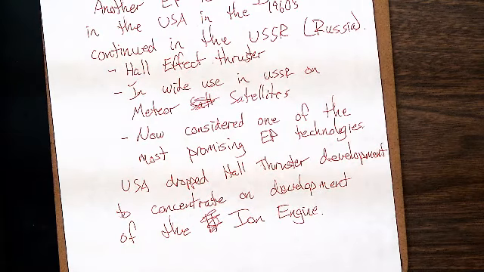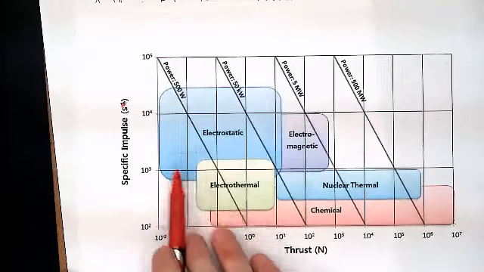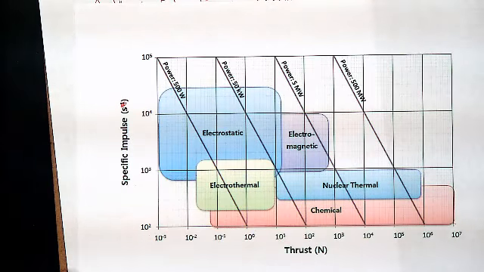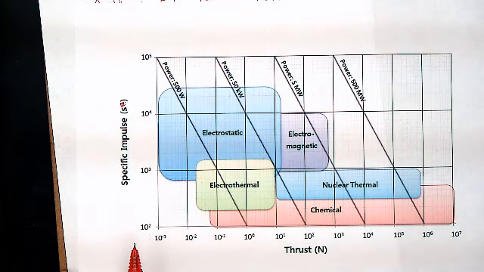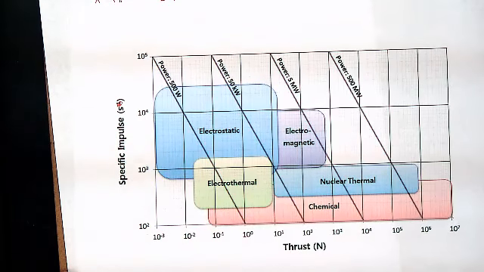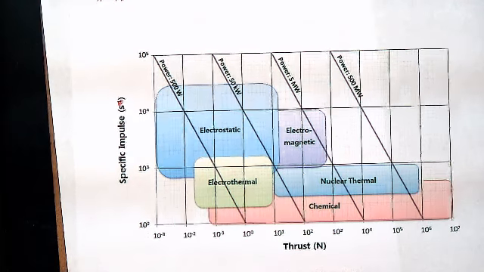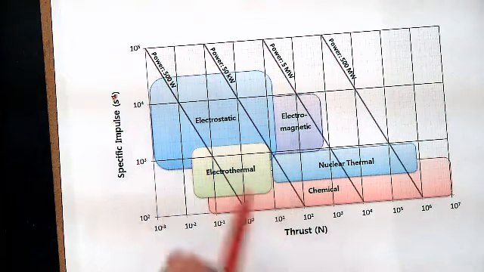And if you remember from that plot that I showed, the ion engine falls in this electrostatic realm in the top half, and the Hall thruster falls in the bottom half. So the decision was made by developers, Western developers, to go for the higher performing system.